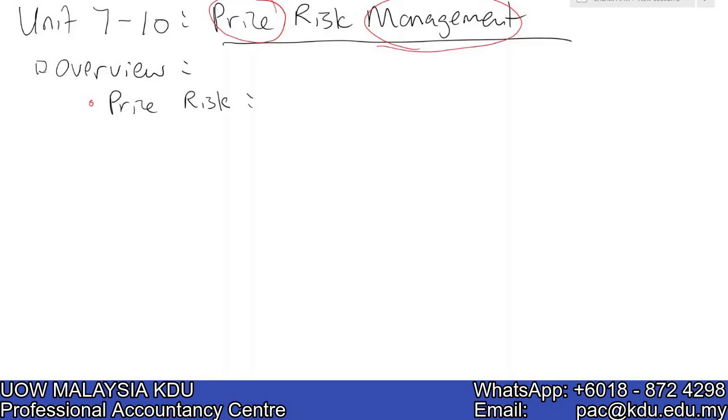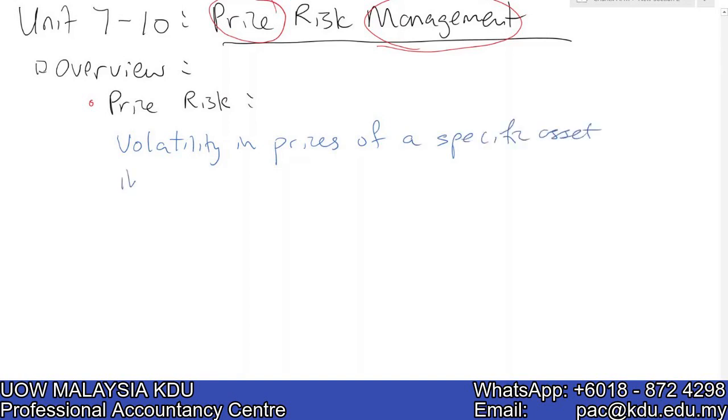So price risk is all about volatility in prices of a specific asset in the future.